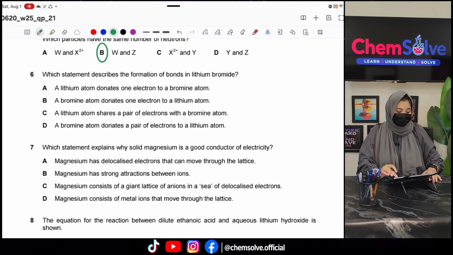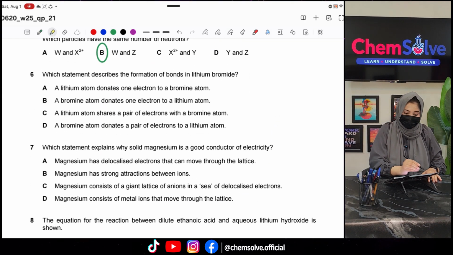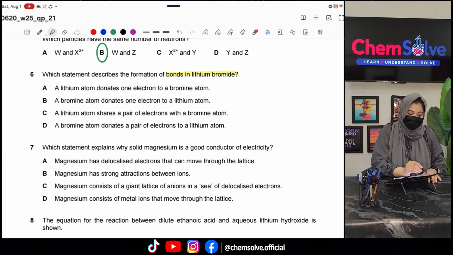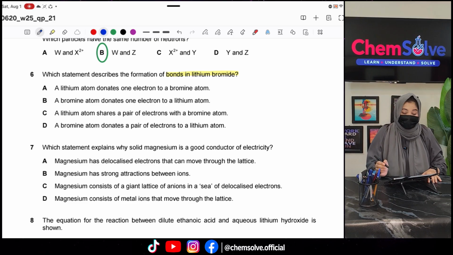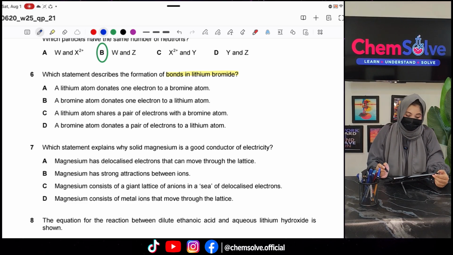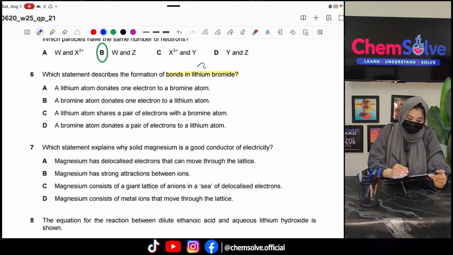Question number 6. Which statement describes the formation of the bond in lithium bromide? First of all, we have to look at what type of bond is here in lithium bromide. Lithium is a metal and bromine is a non-metal.